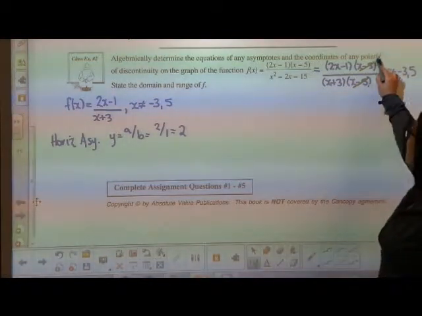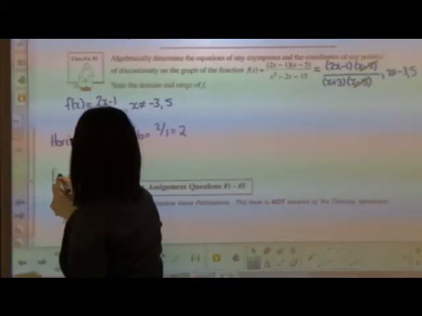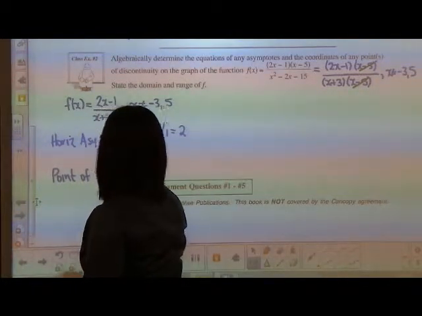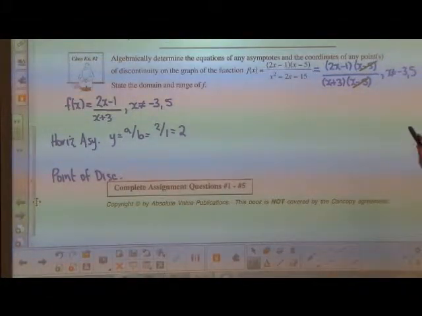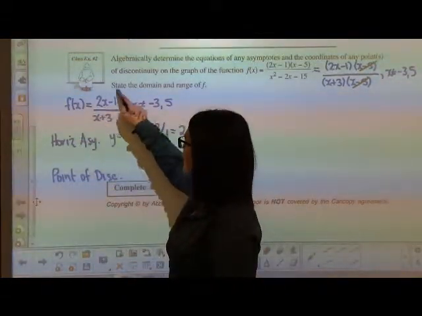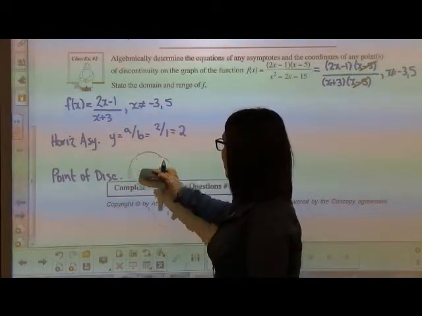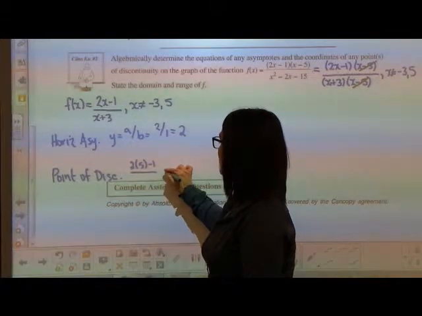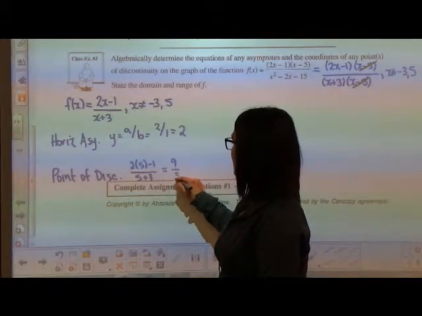Then, because I had a common factor, I have a point of discontinuity. The point of discontinuity I get by taking that 0, which was 5, and putting it into the simplified equation. So 2 times 5, which is 10, minus 1 is 9, over 5 plus 3, which is 8.